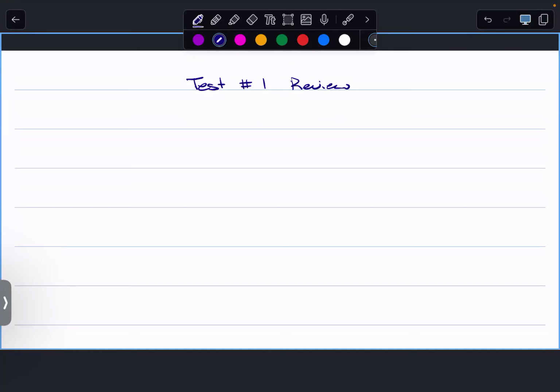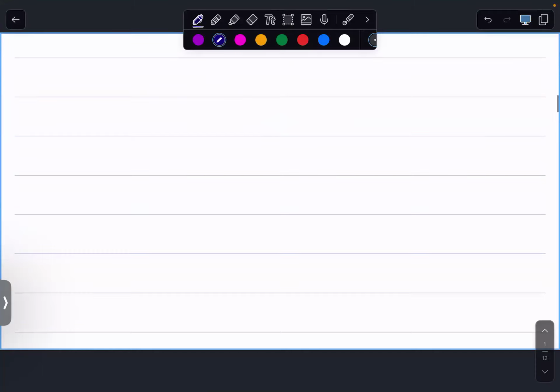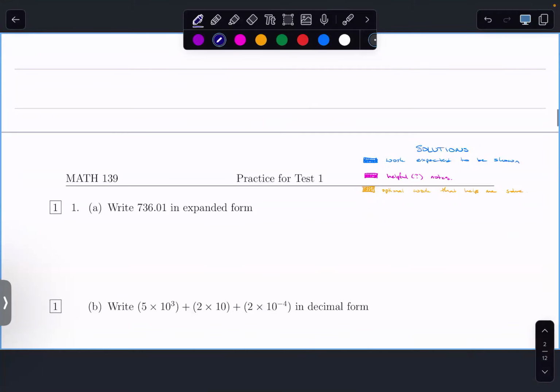Let's do a quick run through of what to expect, because one of the main things I want to highlight is that I call it practice 4 test 1. So it's longer than the test, obviously, but that's because there are lots of different things that I want you to be prepared for, and then I'll only test a subset of those things, right?